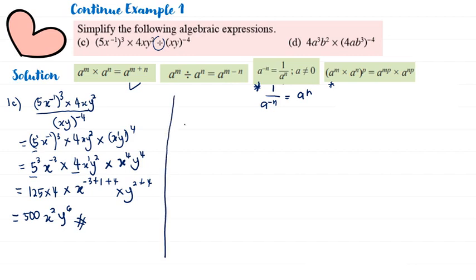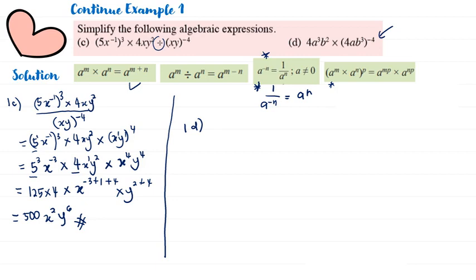While question 1D, first thing that you need to do, if we notice that this one is just in one row, you need to make this negative index become positive. So it applies to this, the third rule. How to make it positive?